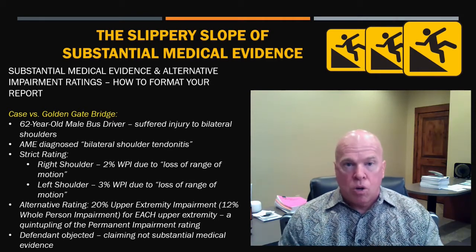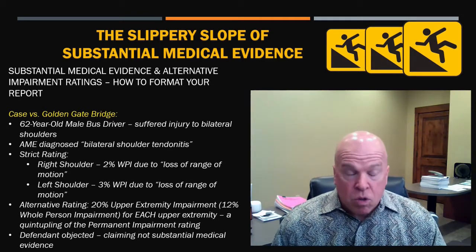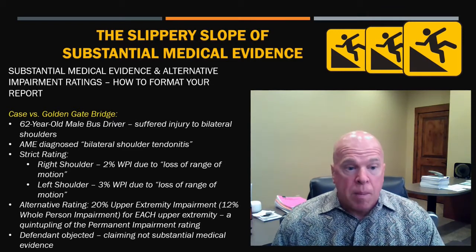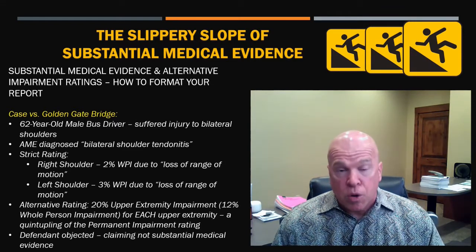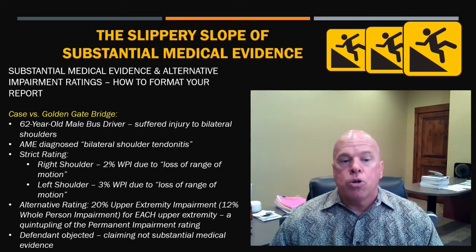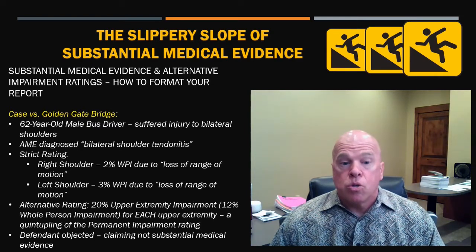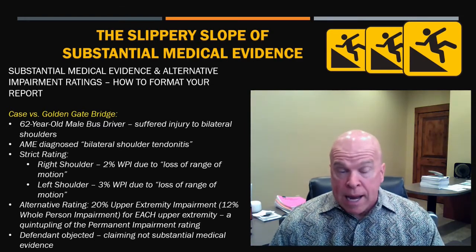And then also, in the case of a surgical procedure, a resection of the distal clavicle would qualify for permanent impairment of the shoulders. Okay? So there are 4 basic rating methods for impairments of the shoulders. Well, the medical evaluator in this case diagnosed bilateral shoulder tendinitis.